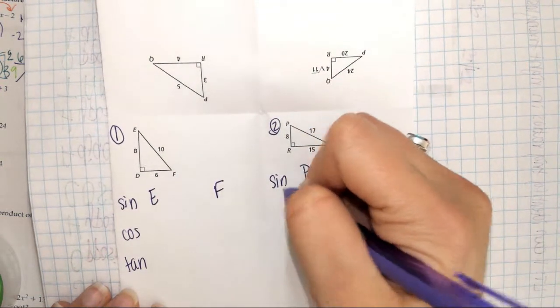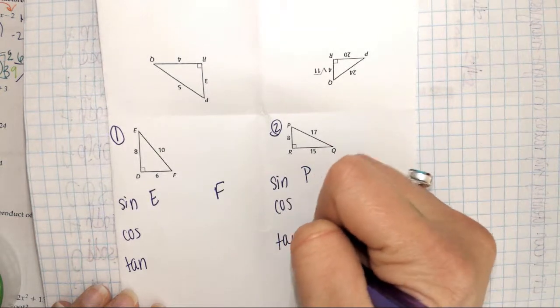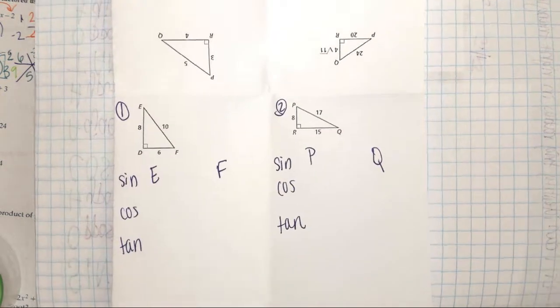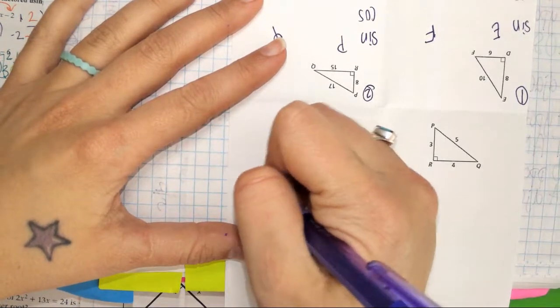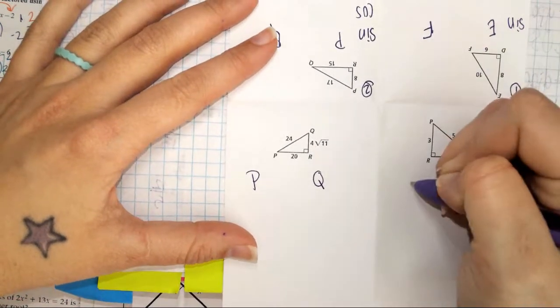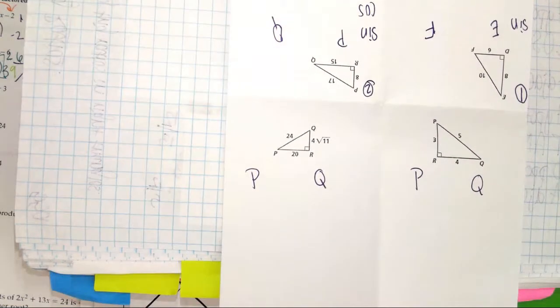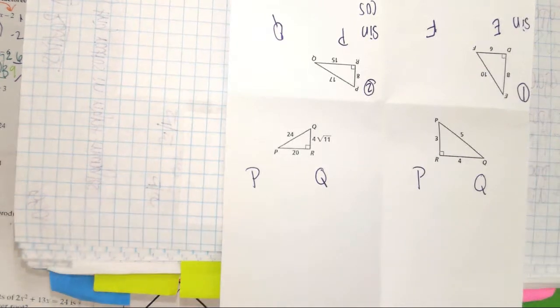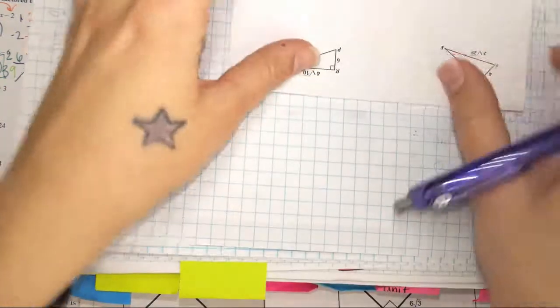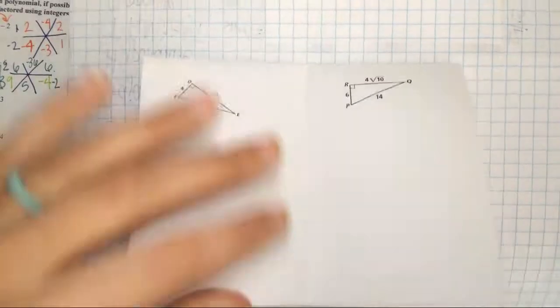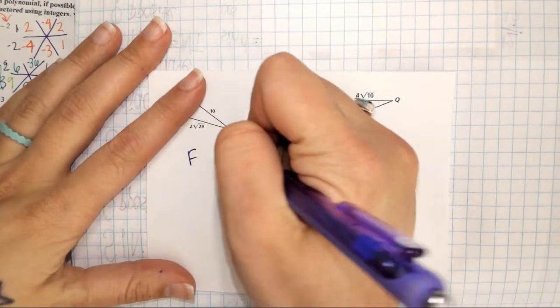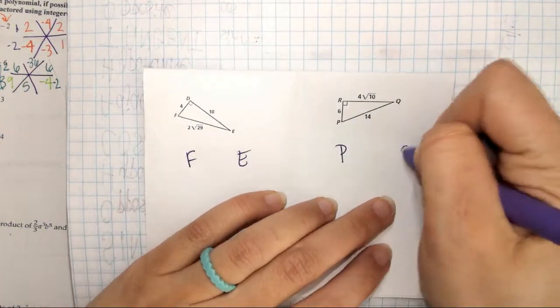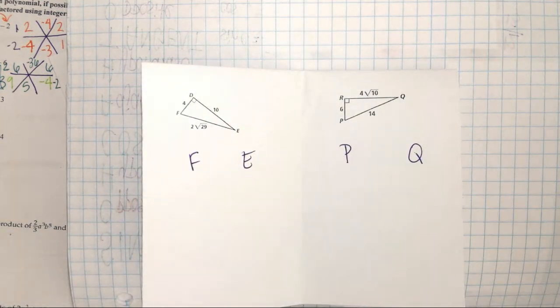Then you're going to flip it around and find the sine, cosine, and tangent of P and Q. Then you're going to close it. Sine, cosine, and tangent of F and E, and P and Q. This cannot be turned in late, so make sure it's done.